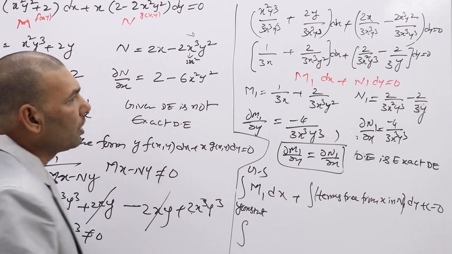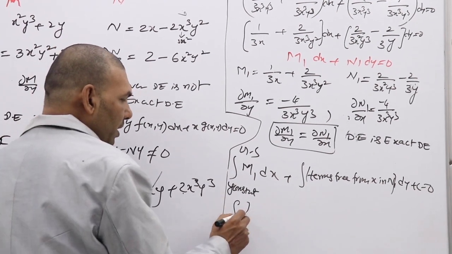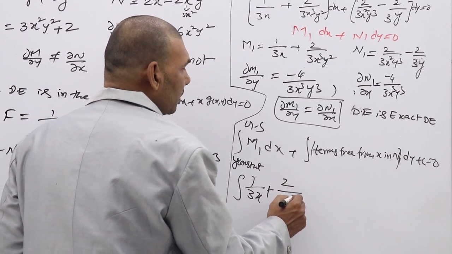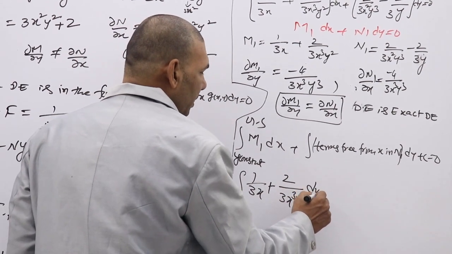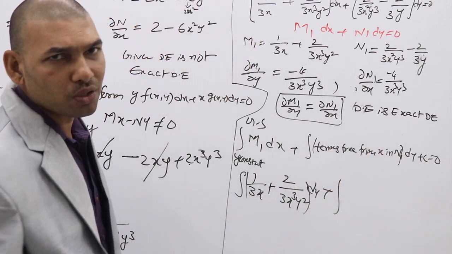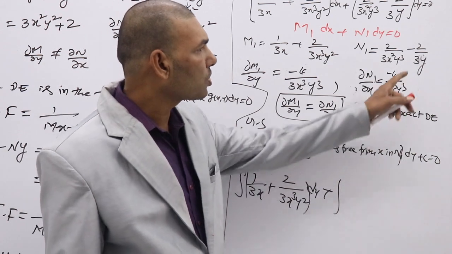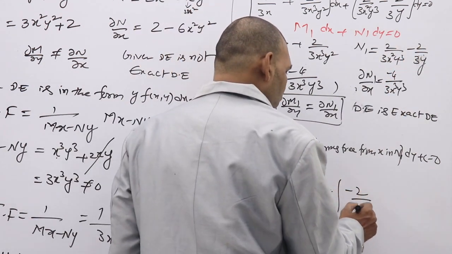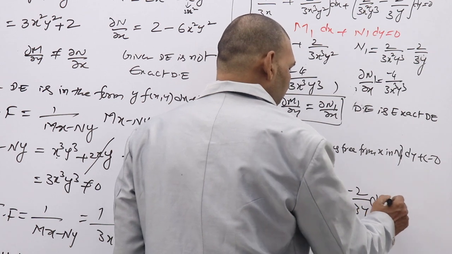For the new differential equation, we call the dx coefficient M1. Integral M1 we have 1 by 3x plus 2 by 3x cube y square dx. N1: the terms in N1 that do not contain x are only one term, that is minus 2 by 3y dy.